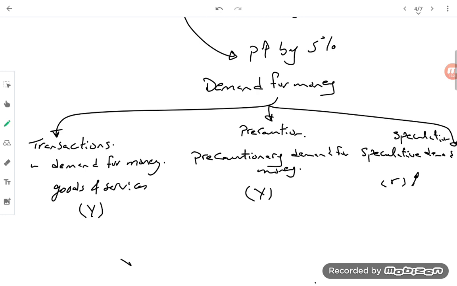So we can write these types in a mathematical form as: money demand for transaction is a function of Y. Money demand for transaction and precaution, MDT, transactions and precautions, is a function of Y, which is income, while money demand for speculation is a function of real interest rate.